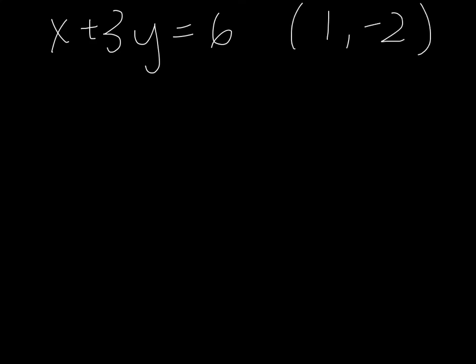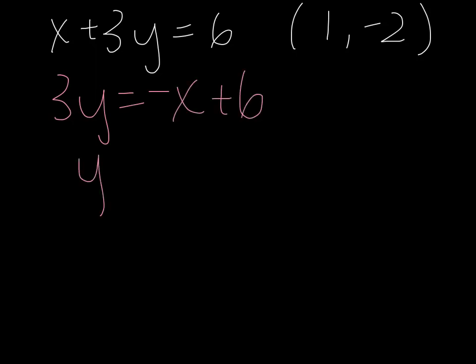So say you're given a line x plus 3y equals 6, and a point 1, negative 2. In order to find the equation of the line that goes through this point and is perpendicular to this equation, we would first change this into slope-intercept form. So 3y equals negative x plus 6.